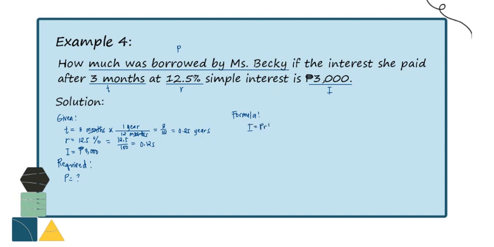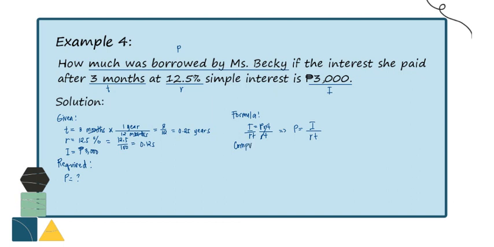If we want to arrive at the value of P only, we divide both sides by RT so that we could isolate P. So it will give us P is equal to I divided by RT. This is the formula that we are going to use.